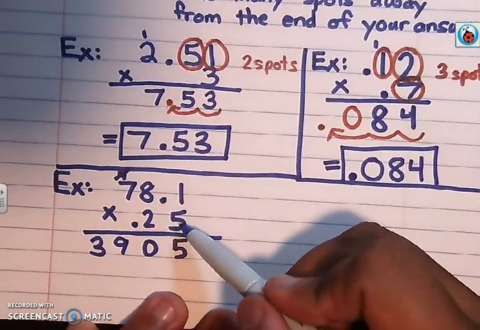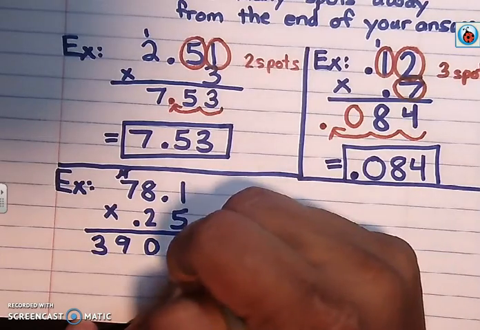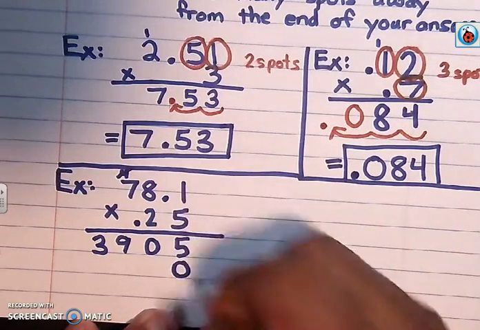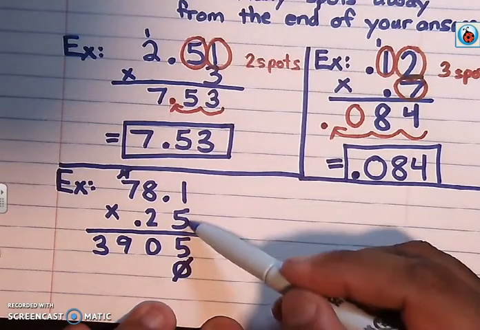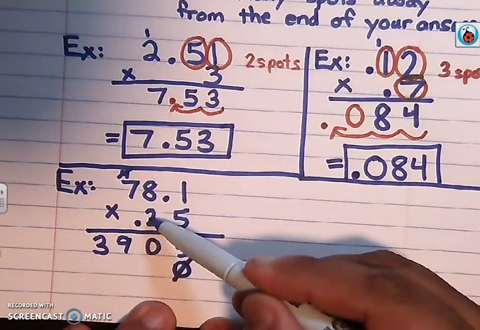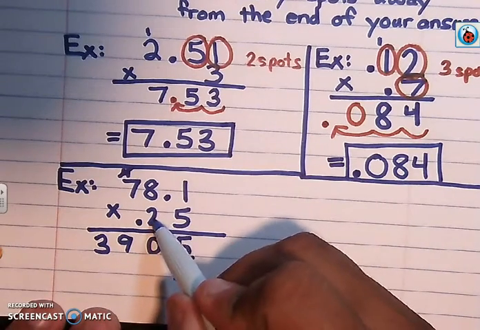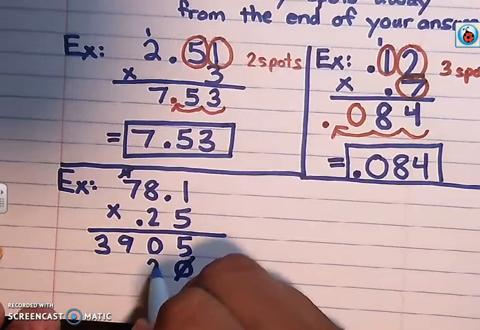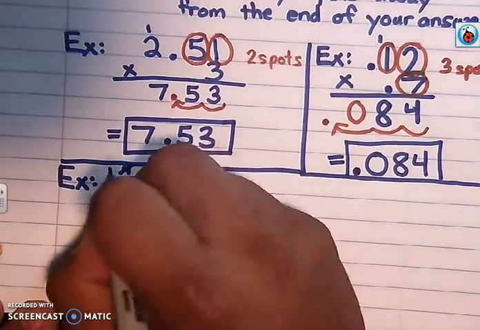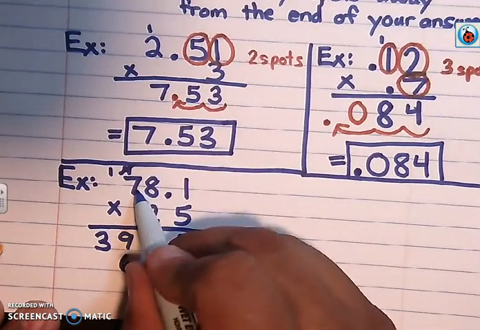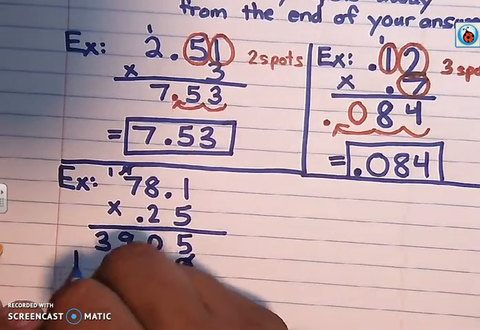I'm done with the 5. So because I'm going to skip over this 5, I'm going to put an imaginary 0. I'm just going to put a slash through it. That tells me that I'm skipping over that 5 and I'm going to the next number, which is 2. So I can start multiplying again. 2 times 1 would be 2. 2 times 8, 16. 2 times 7 is 14 plus the 1, 15.